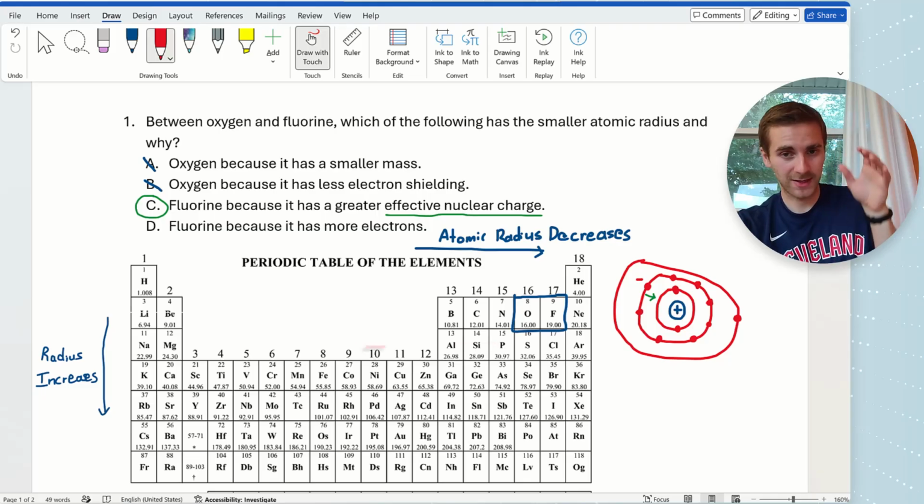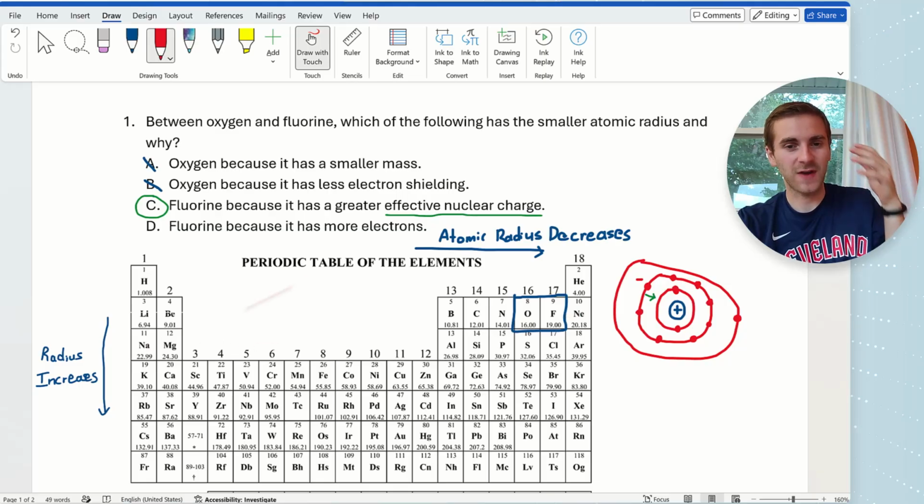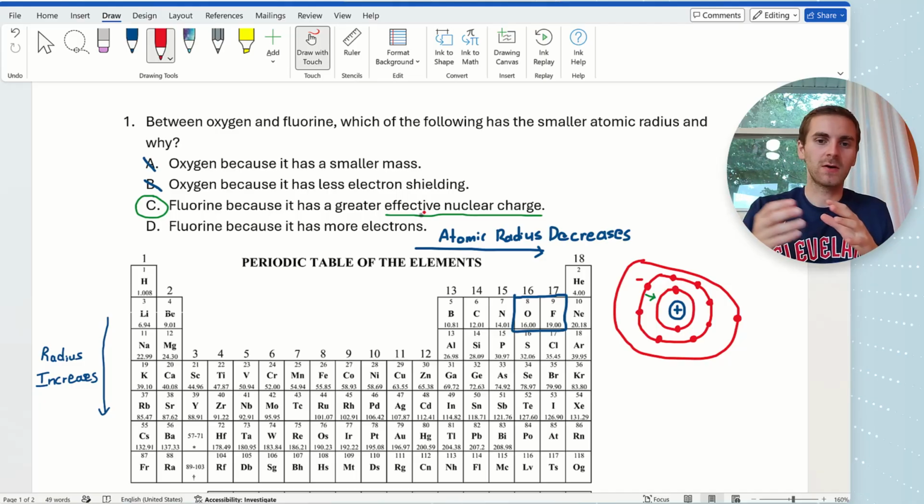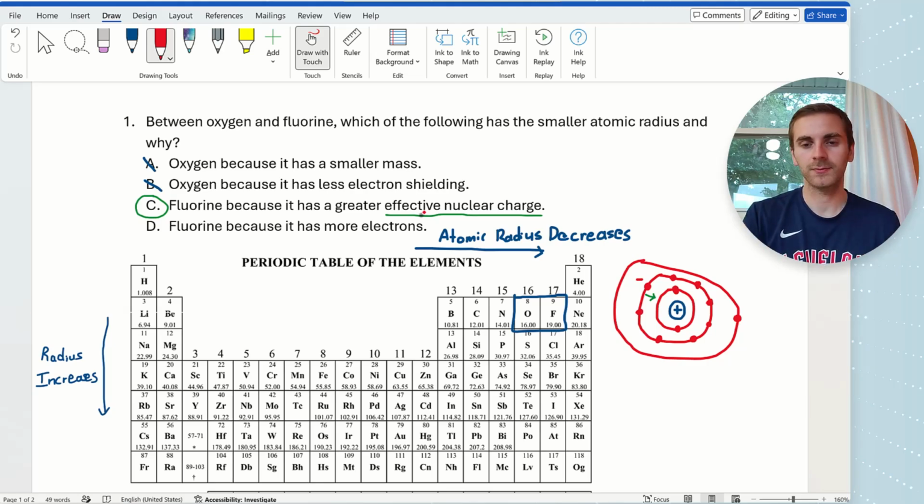So even though sodium has a larger nuclear charge than oxygen and fluorine and neon, it doesn't have a greater effective nuclear charge. Because effective nuclear charge is sort of a combination of the number of protons, but also kind of how many energy levels there are and how far away the valence electrons are from the nucleus.